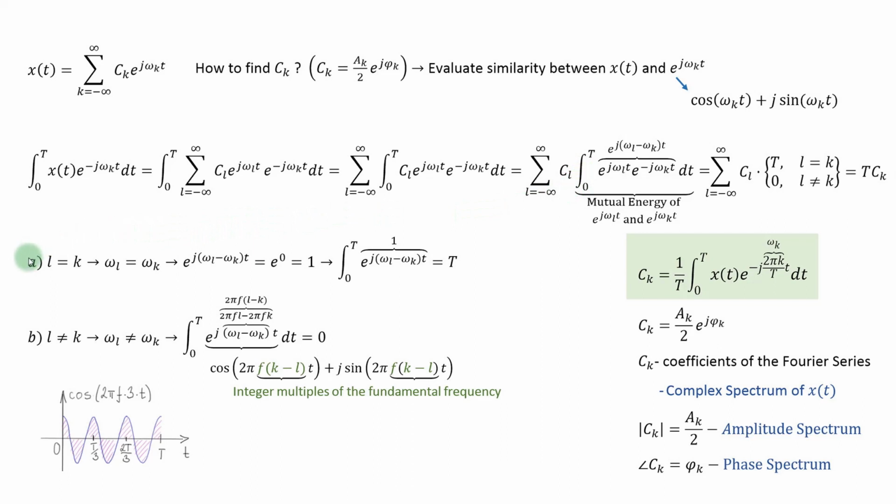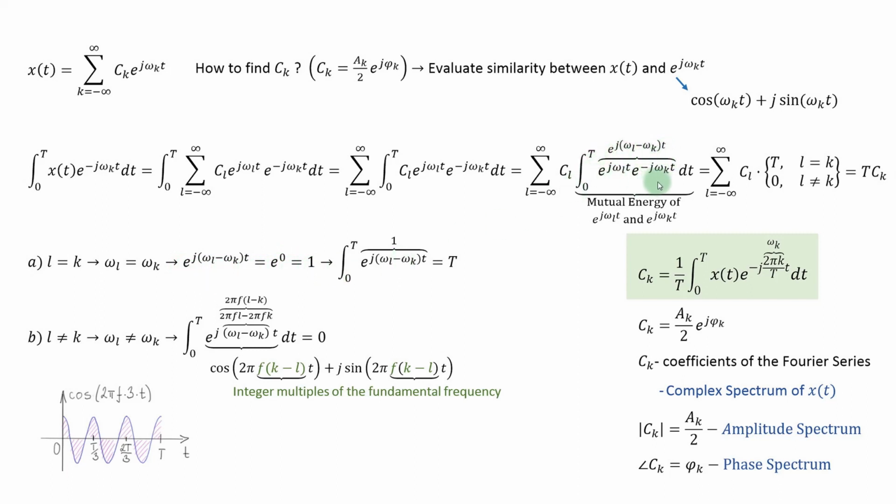In fact, I will do it for these two cases. The first case is quite trivial. Here the L is equal to k. That means that omega sub L is equal to omega sub k. The frequency of this exponential and this exponential is the same. That means that this exponential actually has 0 in its exponent, so this exponential is equal to 1.